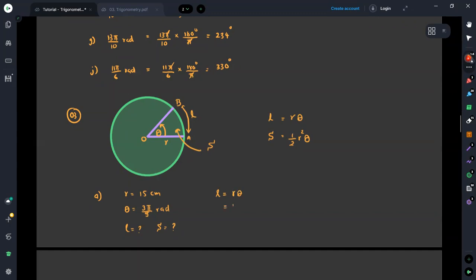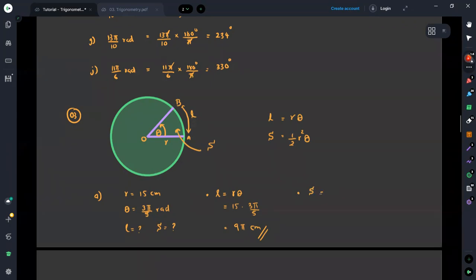R is 15 and theta is 3π/5. Solving this, we get 9π. If needed, we can substitute π equals 3.142. Since the radius is given in centimeters, L is 9π centimeters.